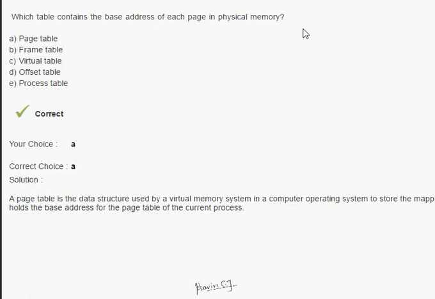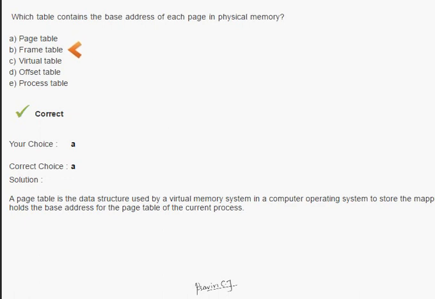It is a data structure used by a virtual memory system in a computer system to store the mapping between virtual addresses and physical addresses. The page table base register, PTBR, holds the base address for the page table of the current process. So the page table is the one that contains the base address for each page in physical memory.